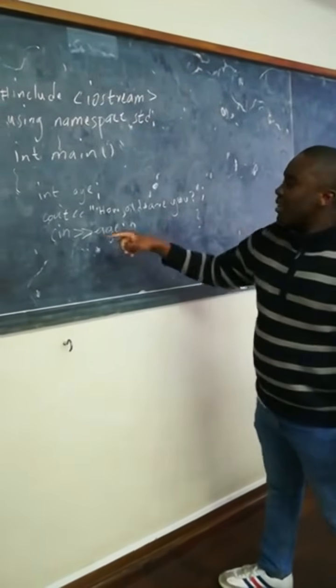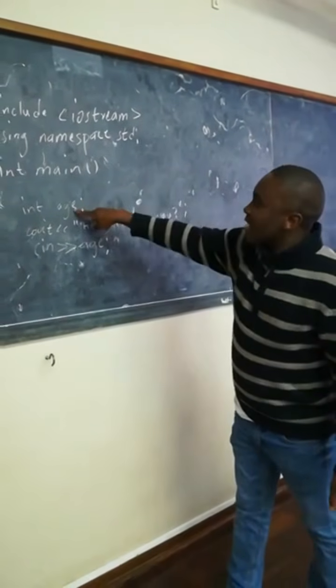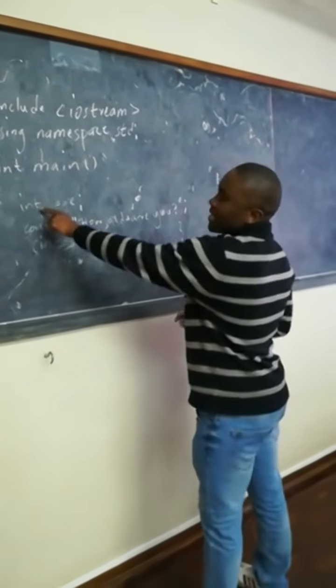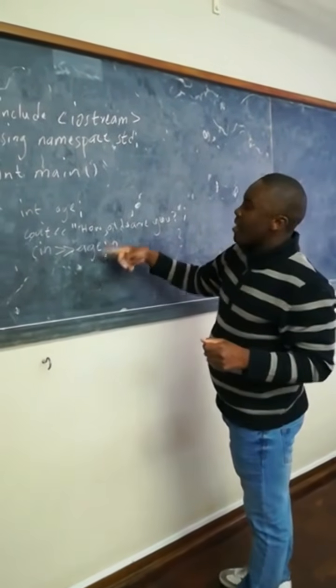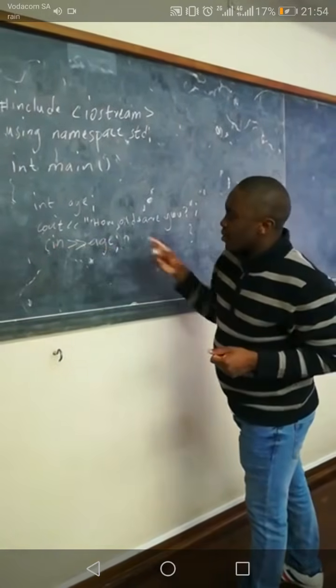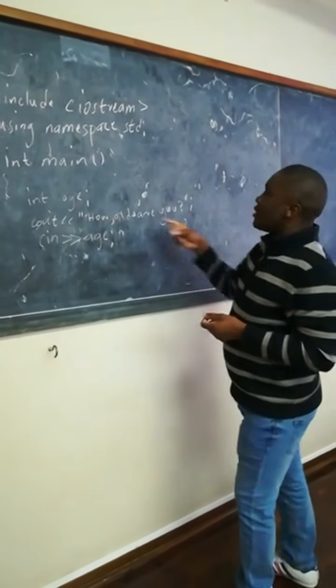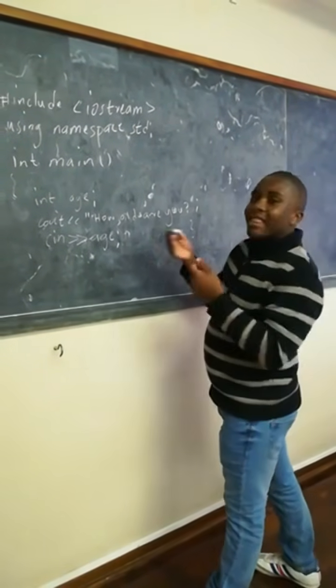I'm telling the computer that whatever the user types is going to be stored in the word age. Because it's an integer, the computer knows that whatever the user types is going to be a number. If the program asks how old are you and you type an alphabet, the computer will return numbers.